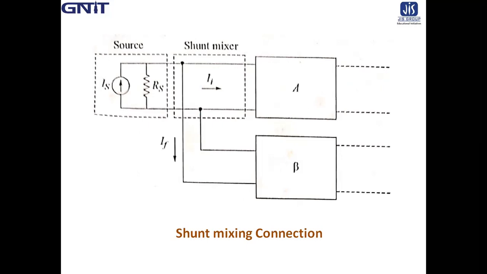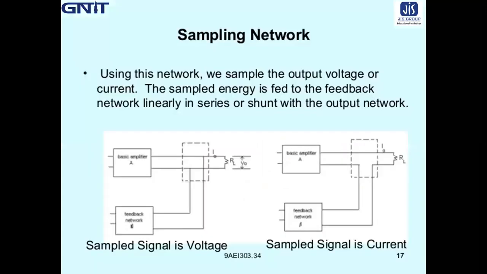Depending on the feedback sampling, two types of sampling are present. One is called voltage sampling, another is called current sampling. First is voltage sampling. If the output voltage is sampled by connecting the feedback network in shunt across the output, then voltage sampling occurs.